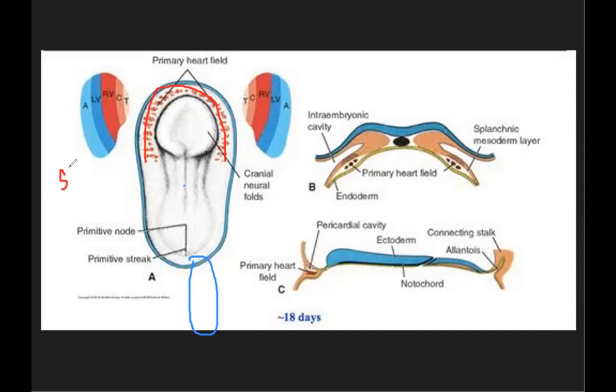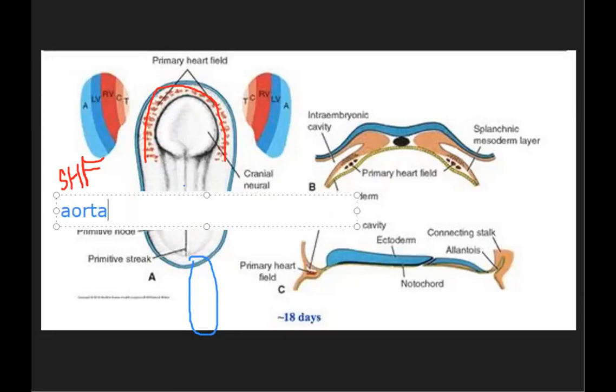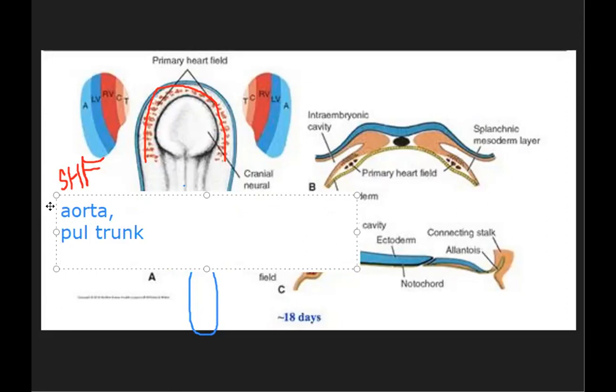Just for a small recap, what structures do we have in a secondary heart field? The structures we have in a secondary heart field are the aorta, a pulmonary trunk, and some portions of the right ventricle.